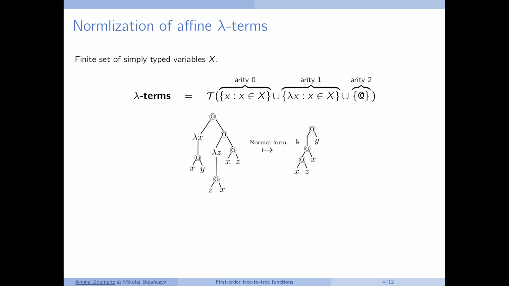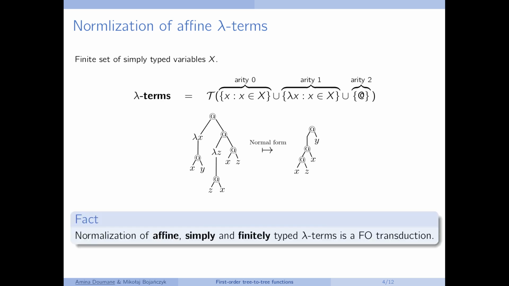So here you see the normal form of this lambda term, and we can see the normalization function as a tree-to-tree transduction. Actually, it's not very hard to see that normalization of affine, simply typed and finitely typed lambda terms is a first-order transduction. Here, by finitely typed, I mean that we need only a finite set of types to type the whole set of lambda terms under consideration.